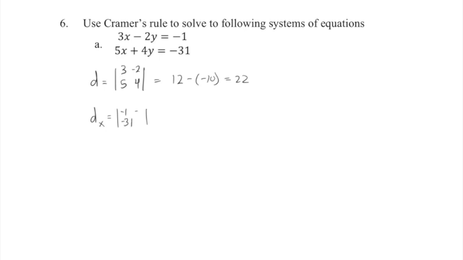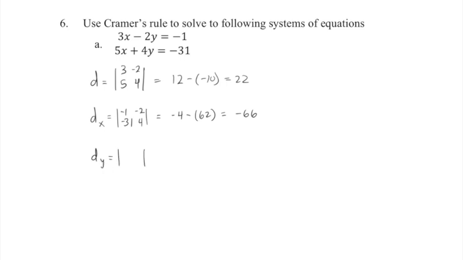And then the values in the y column stay the same. So this determinant is -1 times 4, which is -4, minus -31 times -2, which is 62. So -4 minus 62 is -66.